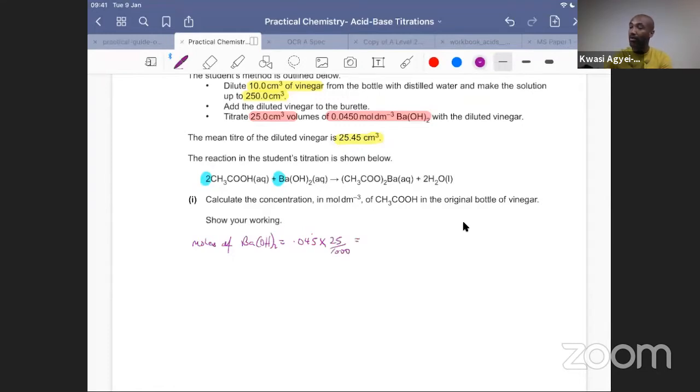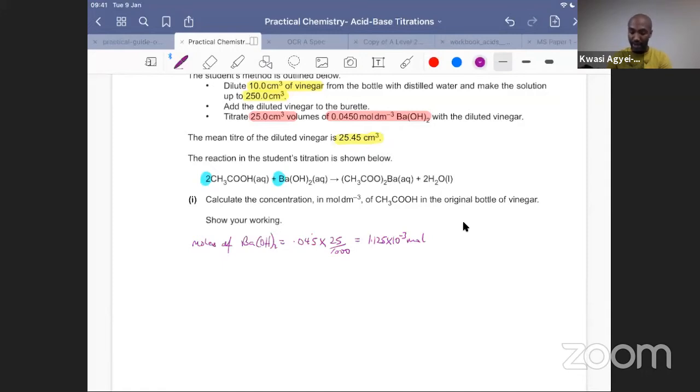So 0.045 times 0.025 gives us 1.125 times 10 to the minus 3 moles. So that's the first mark out of the way.